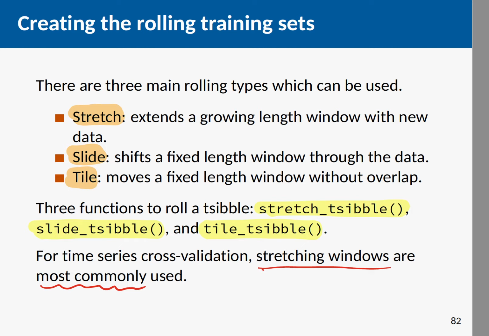The second type is called slide, which shifts a fixed length window through the data with some overlap. And the third is called tile, which moves a fixed length window without overlap. These are the functions in the package that allow you to work with stretch, slide, and tile.